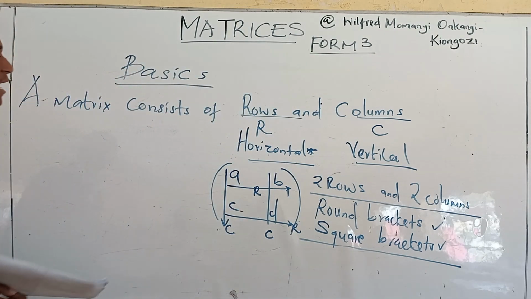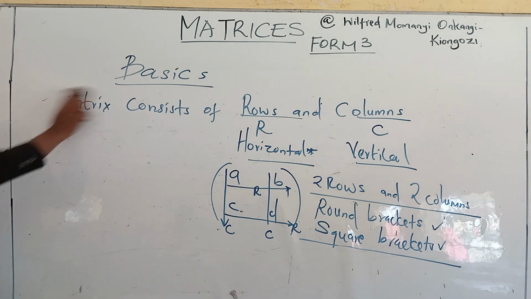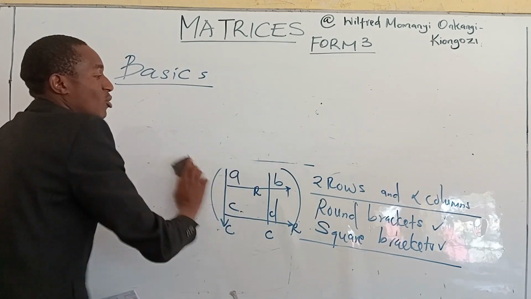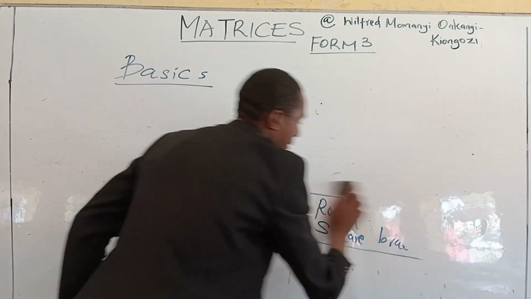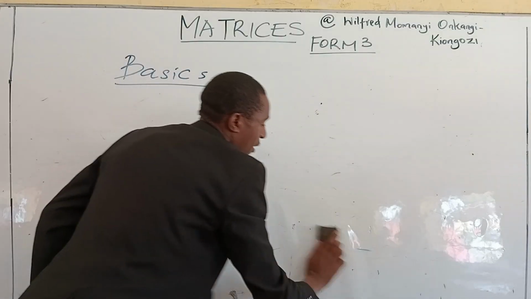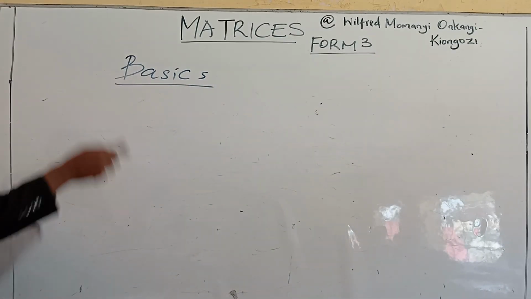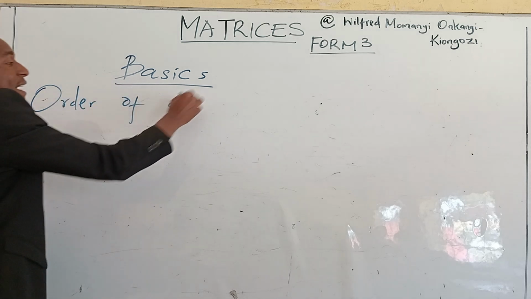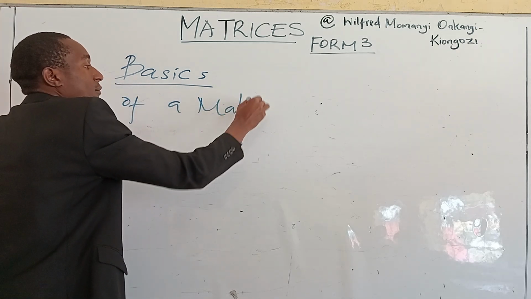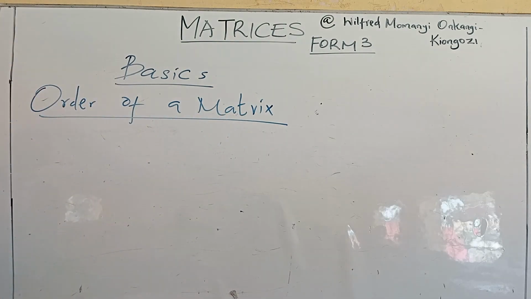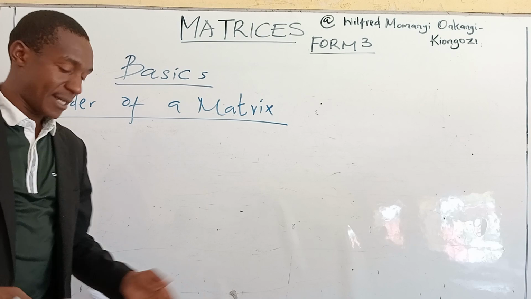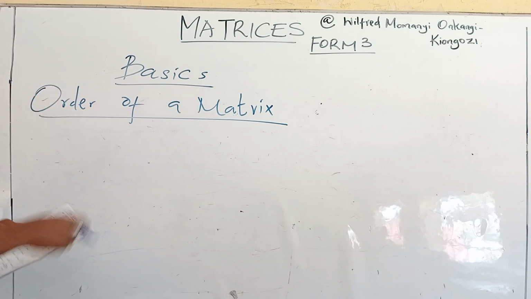So there is what we call an order of a matrix. I hope you've written that one. So we go to the second basic thing. There is what we call order of matrices. You will hear people say this matrix is of a given order. So how do we get orders?